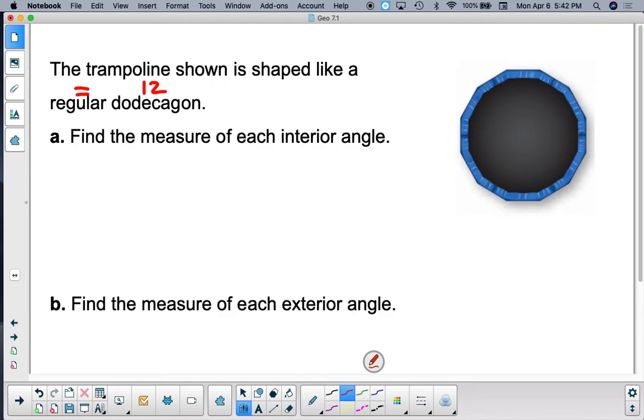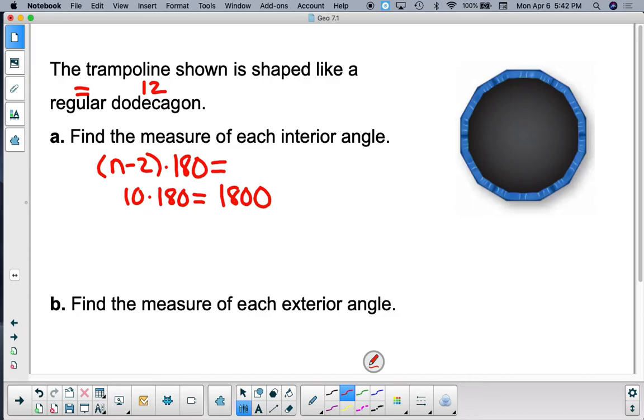we could find out what the sum is by using that formula, right? Which is n minus 2 times 180. I plug that in there, so 12 minus 2 is 10. And I would get 1800. Alright, so that's how much all 12 of them should add up to on the inside.